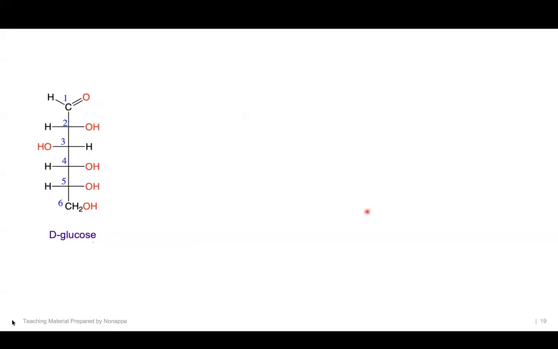So here is a very simple method which I would like to show you: first write the structure, and we can take some small steps. The first one is we can rotate this by 90 degrees, and this has to be clockwise. So we write the same structure like this, and then we write the hydroxyl groups. This is carbon number 1. When we rotate, the hydroxyl group on carbon number 2 will be at the bottom.